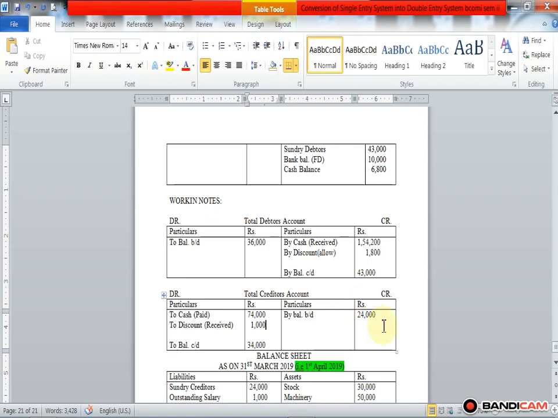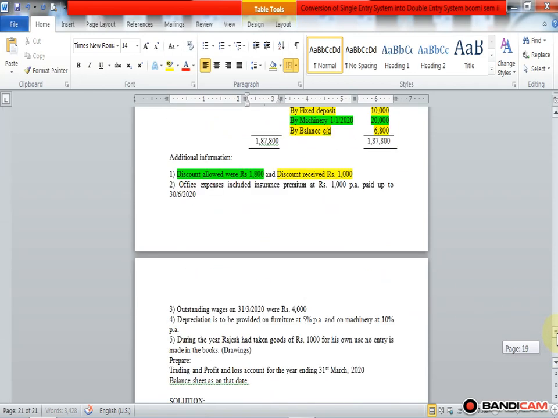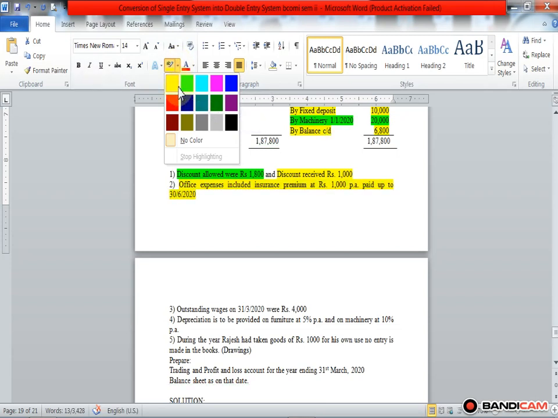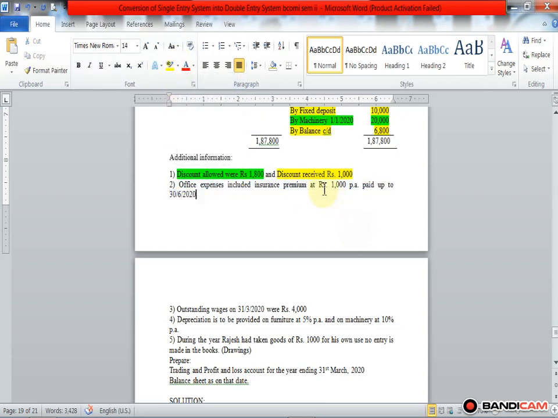Then second adjustment, office expenses includes insurance premium at rupees 1,000 per annum paid up to 30th June 2020. It means we have to find out the prepaid insurance.